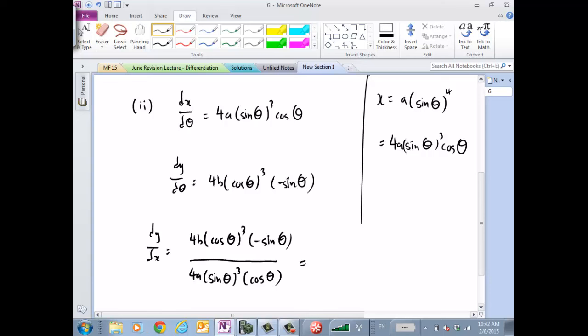You actually get cosine square on top, sine square below, hence giving you this. I do not need to show you the details in the working. Okay, so once this is done, show the coordinates of P is this.